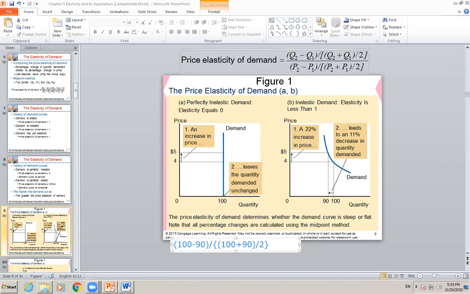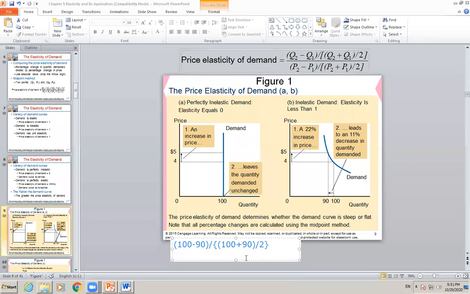Ten, divided by 190 over 2. And 5 minus 4 is 1.